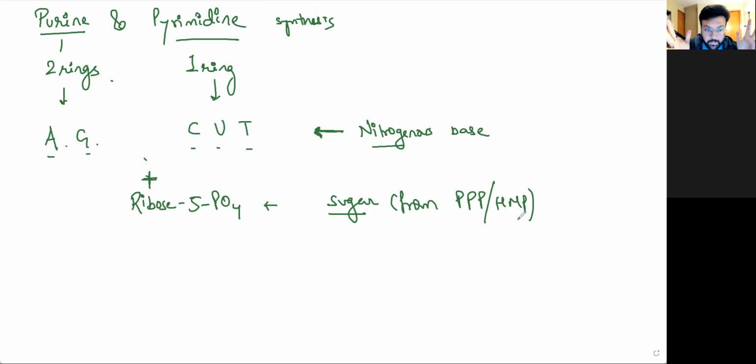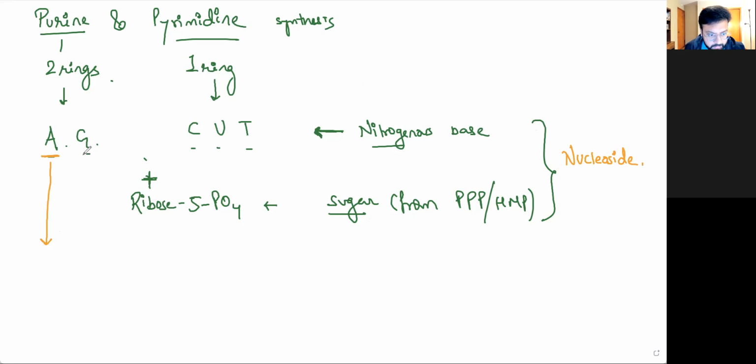So we have a nitrogenous base, we have one sugar. If I combine ribose 5 phosphate and nitrogenous base, what do you form? Nucleoside. Very good. Now what's the nucleoside of adenine?